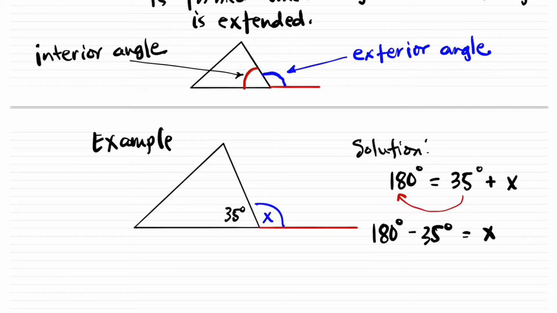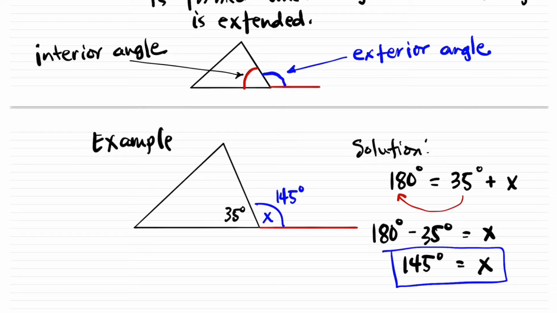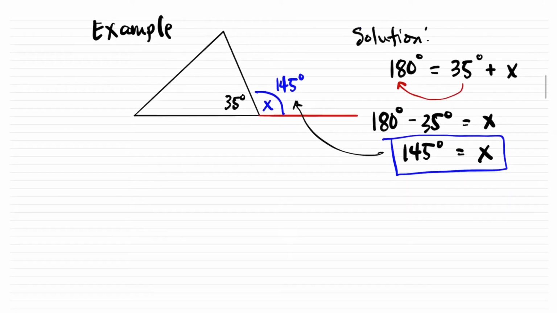So 180 degrees minus 35 is equals to 145 degrees. So therefore our x here is equals to 145 degrees. Alright, so that's the solution that we have.